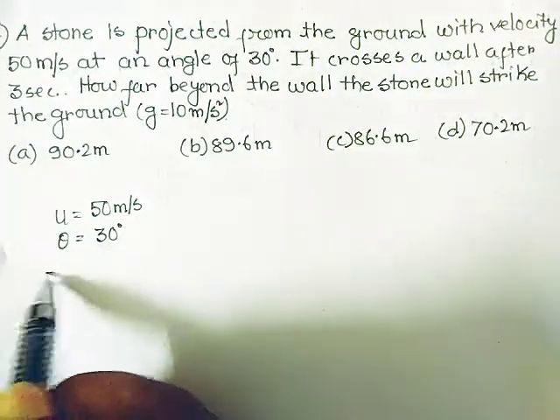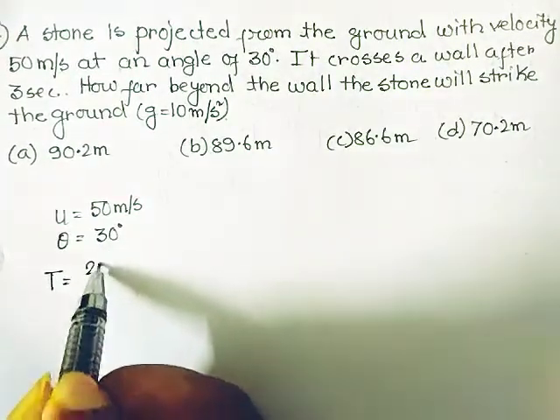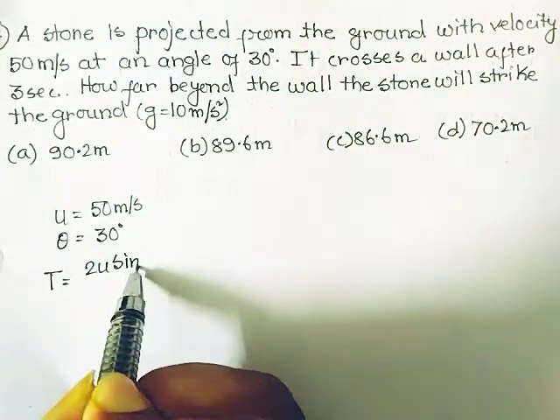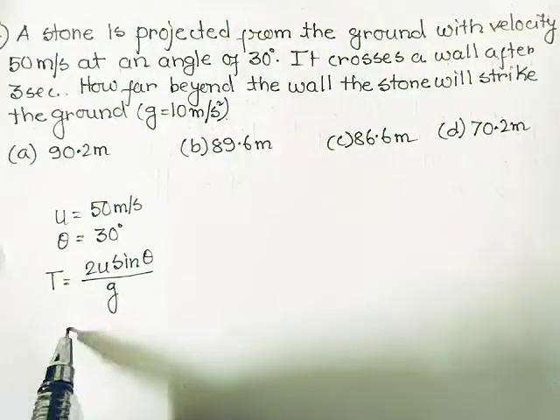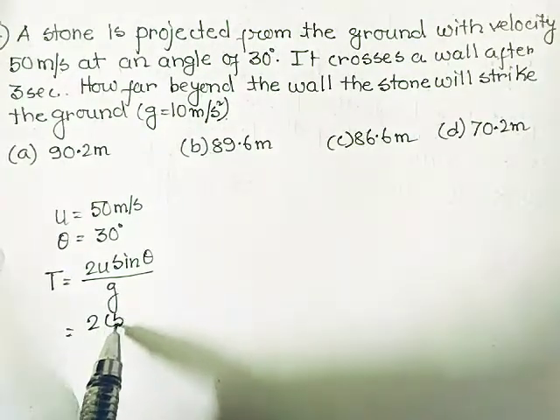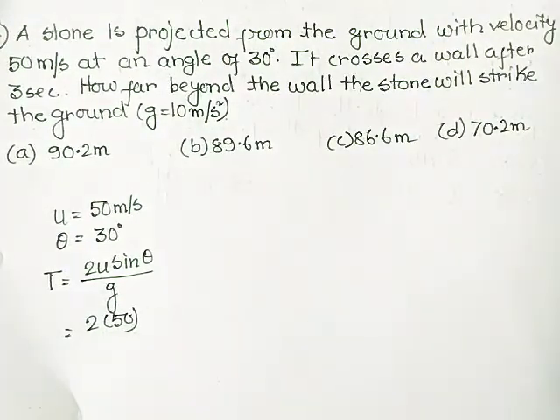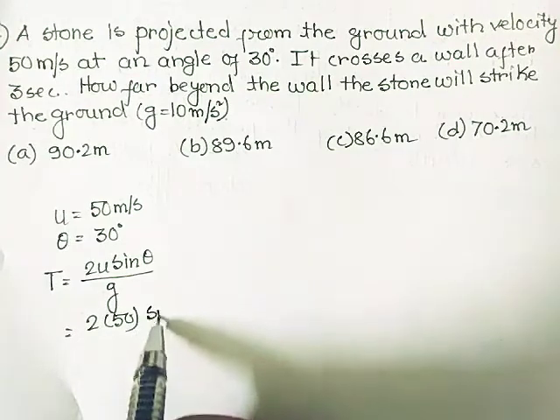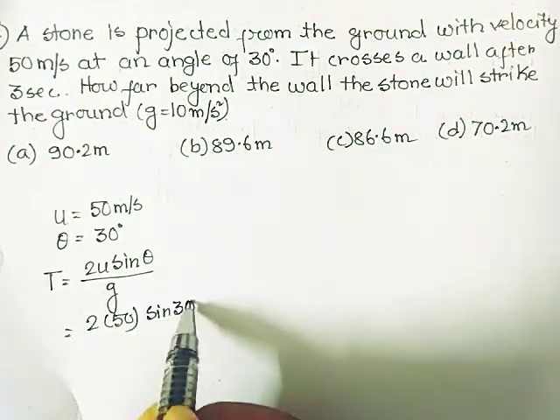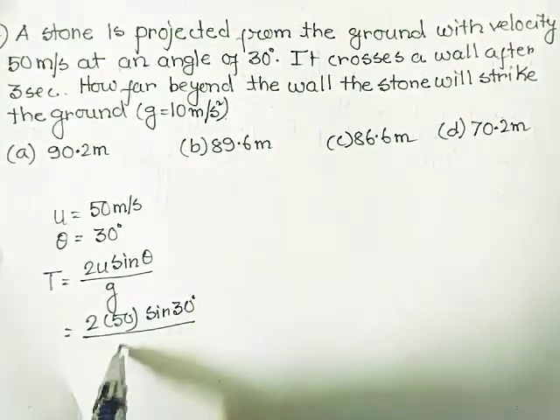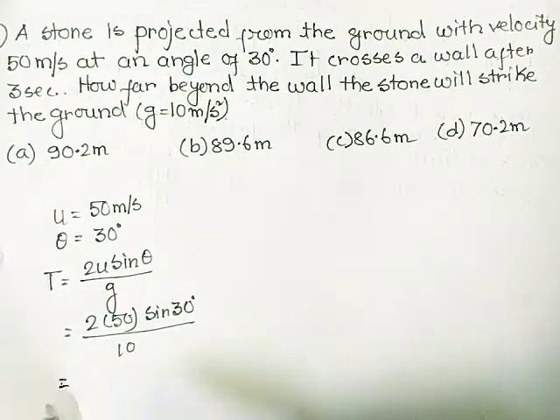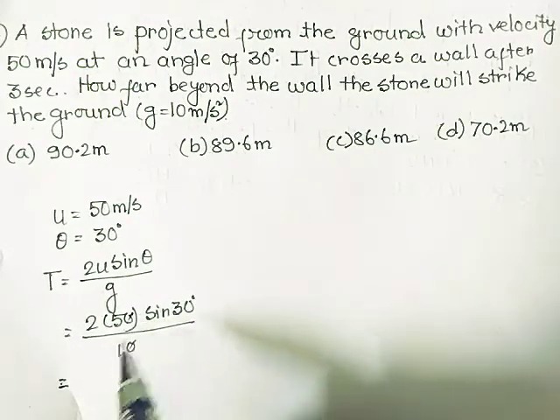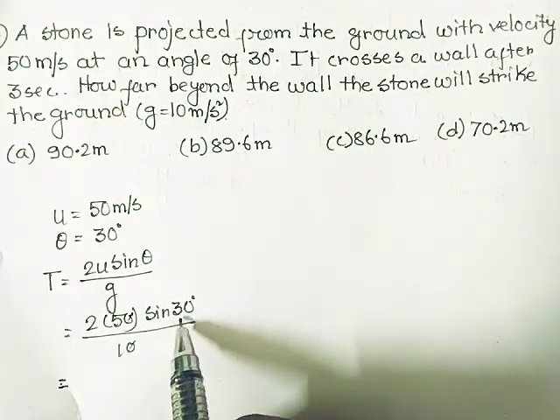So from here we can find out the total time of flight. It is 2 into 50, sine 30 degree, divided by 10, approximately we can take 10.